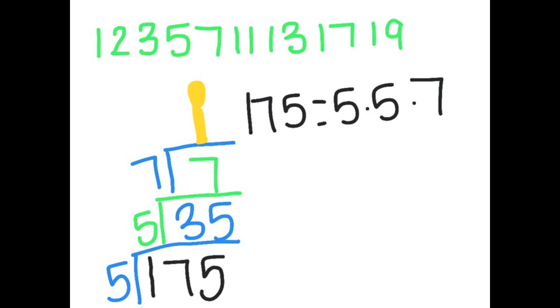Now, let's go do another problem just to make sure that we have it. Alright, so let's flip screens. Next example is going to be 63. Alright, so I'm going to write the prime numbers up top: 1, 2, 3, 5, 7, 11, 13, 17, and 19, because we're going to need those.